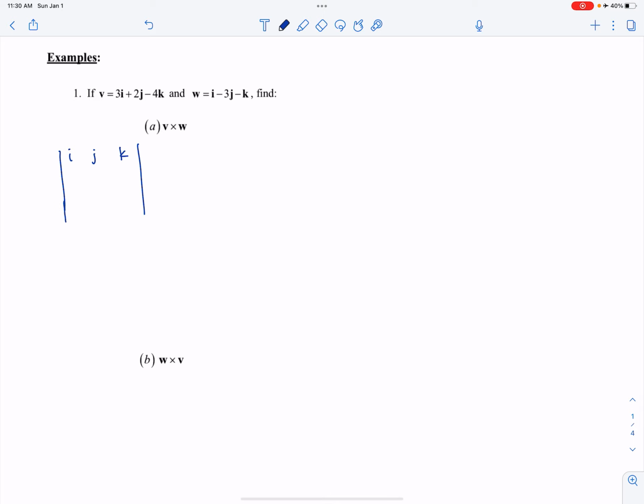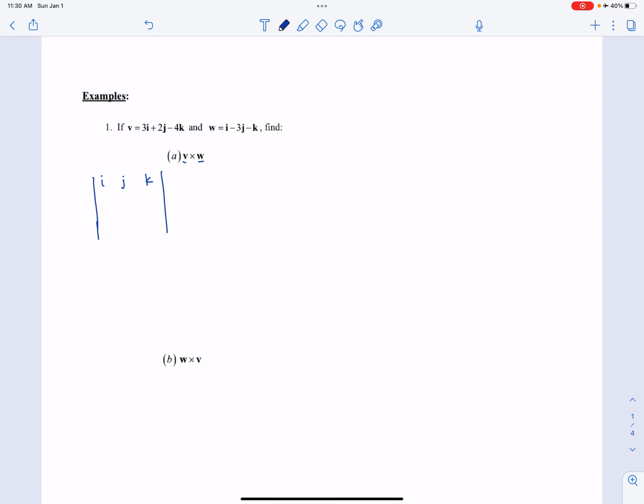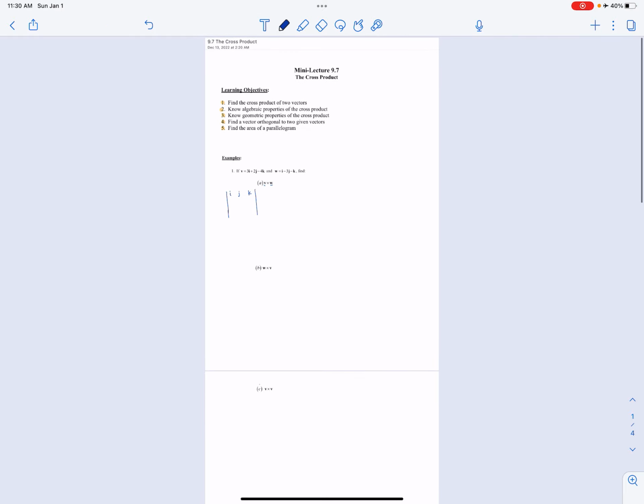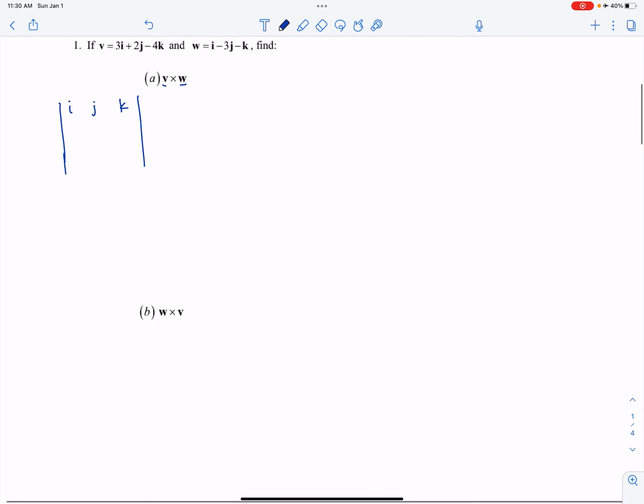And then I'm going to put v because I'm doing v cross w. So v is 3i, 2j, negative 4k. w is 1i minus 3j minus 1k.